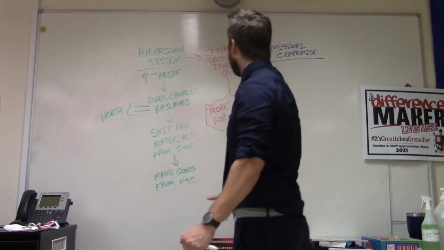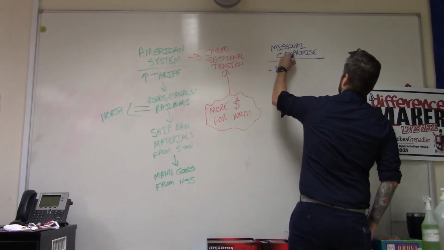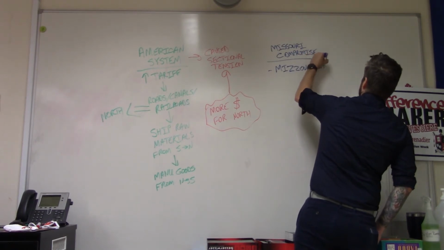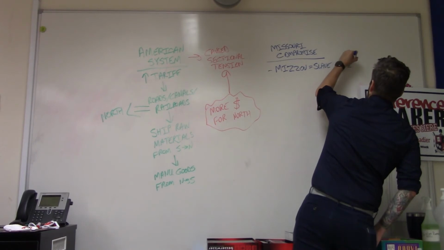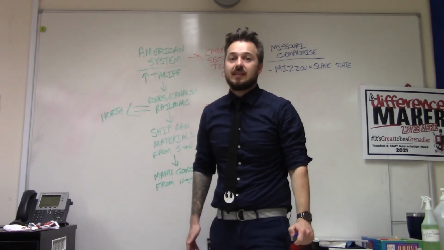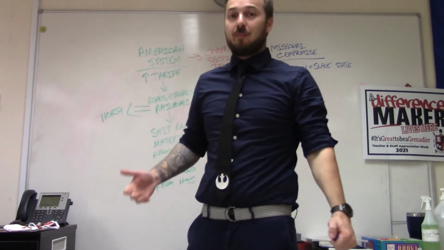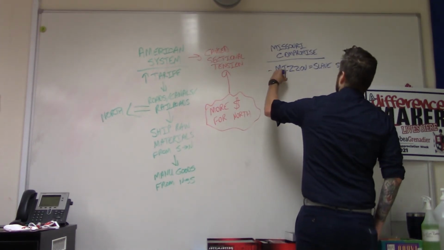In 1820, Missouri's going to be a slave state. That's going to freak people out because we would have had more slave states than free states. So what do we do? We break away Maine from Massachusetts, and Maine becomes a free state.